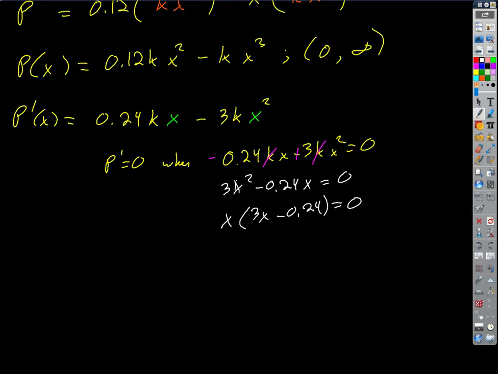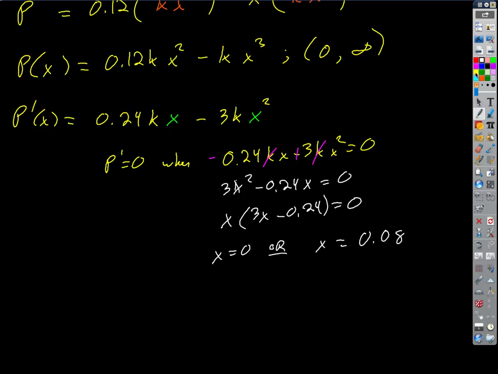Either x equals 0 or x equals, so what is that? 0.08. Which of those are going to show up as valid critical numbers in our table? Only 0.08. 0 is not included.